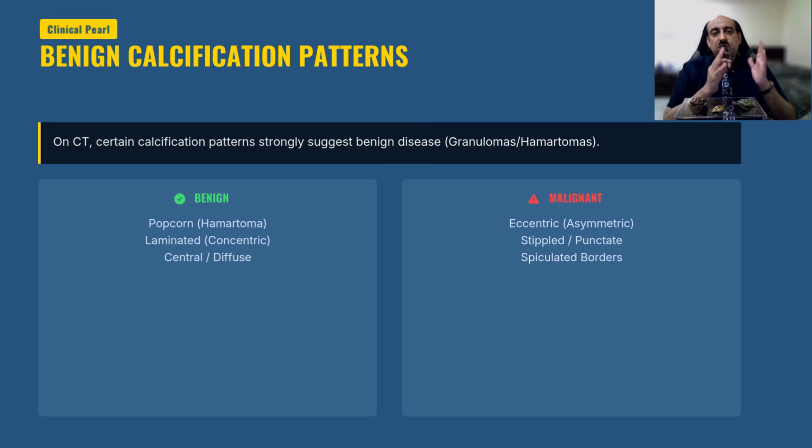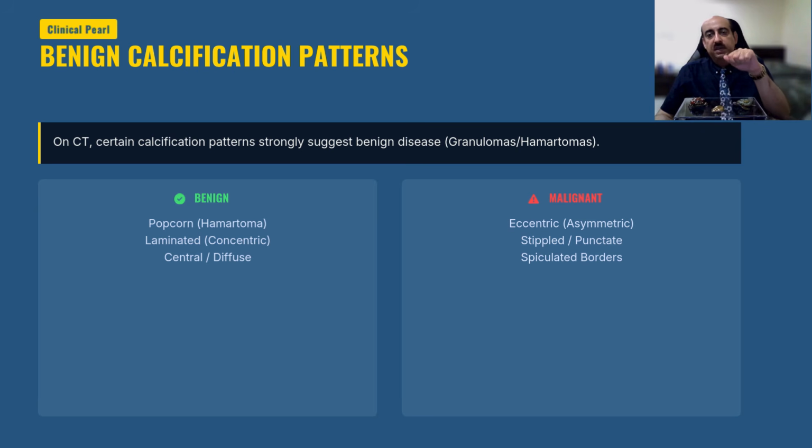In terms of malignant etiology, if there is eccentric calcification, which is asymmetric, not diffuse, if it's stippled or punctate like tiny puncta, or if it has irregular or spiculated borders, all of these features would strongly suggest possible malignant etiology, hence the need for a PET CT scan, and down the line a tissue sample or biopsy would strongly be indicated.